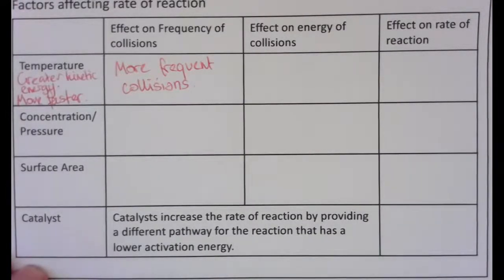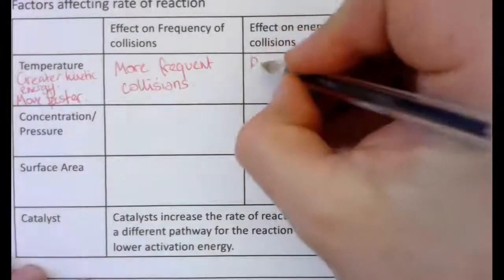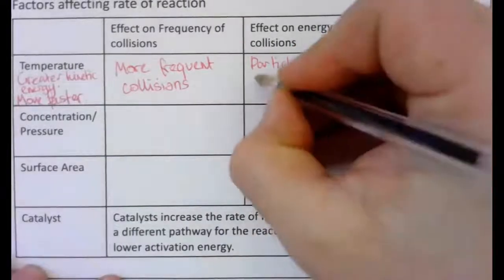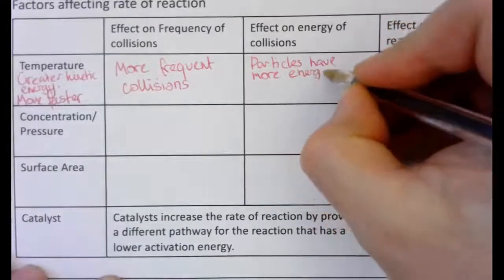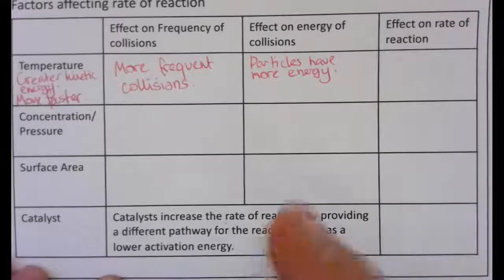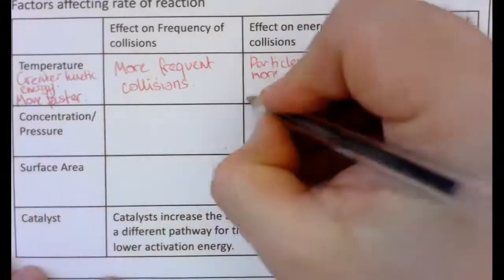We also know that the particles are moving faster, so the particles have more energy. And if they've got more energy, then there's more chance of a successful collision. So there's more chance of the particles having the activation energy.